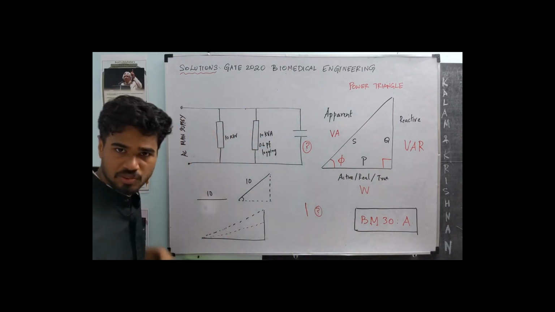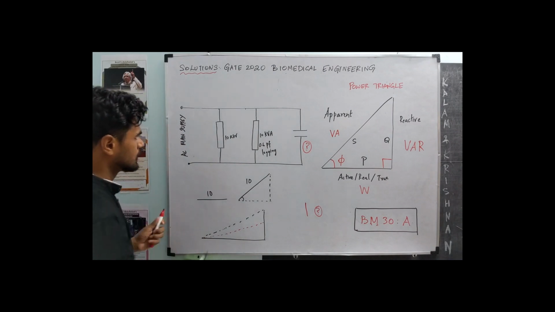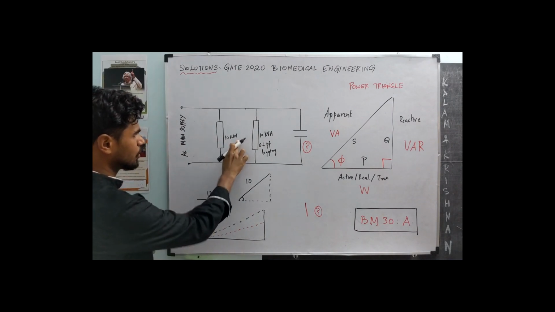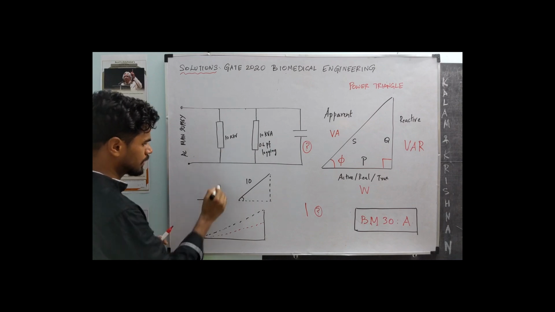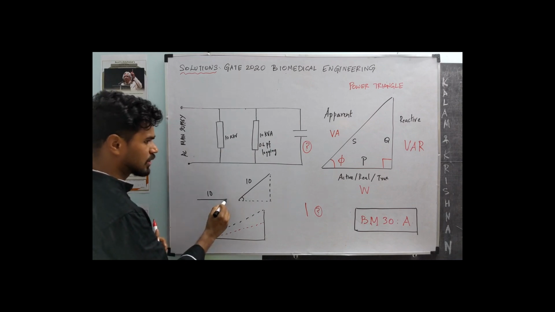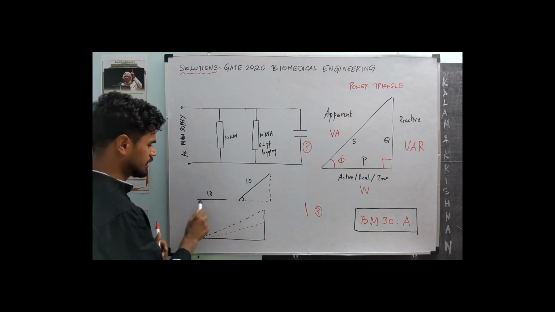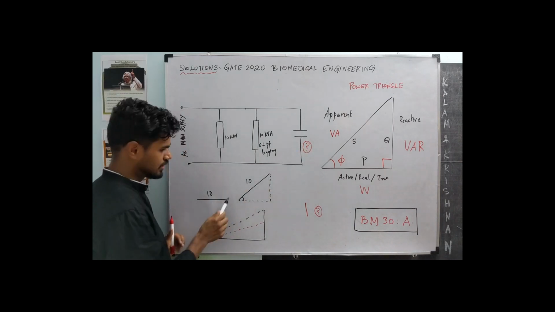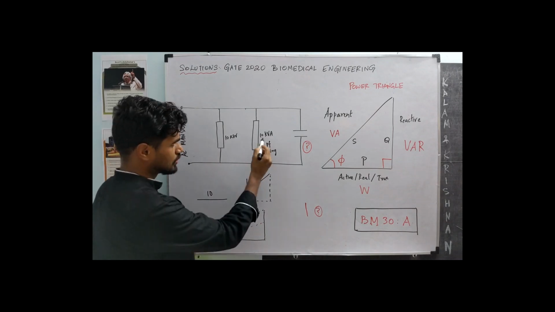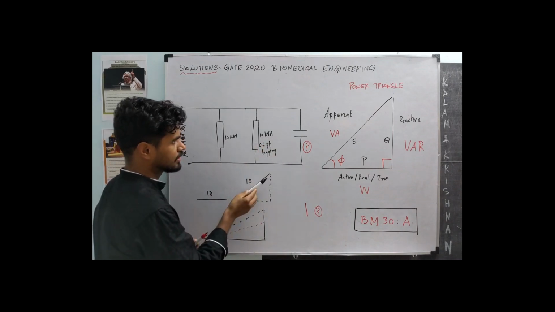Let me explain what I mean. The power triangle corresponding to the 10 kilowatts, load 1, is just a single line because all of it is active power. There is no reactive component. That is also equal to the apparent power, so this is a triangle with zero height. The other load has 10 kilovolt ampere as the apparent power.